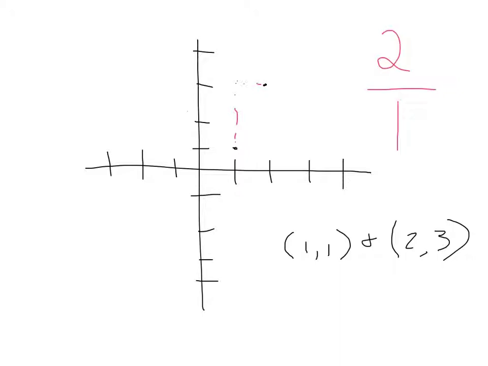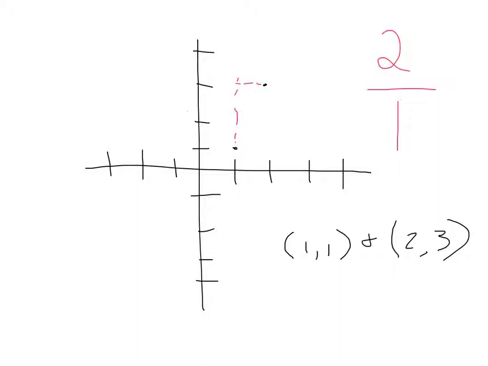Keep in mind that my slope is always moving up or down first in the numerator and moving left or right second in the denominator. Without my graph, how can I determine that the slope is 2 over 1?